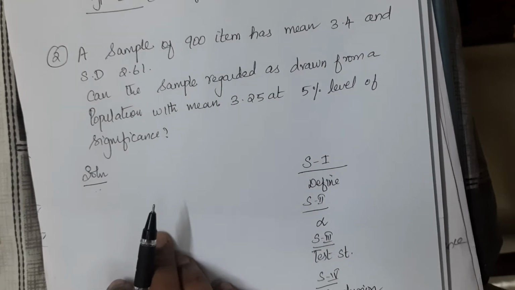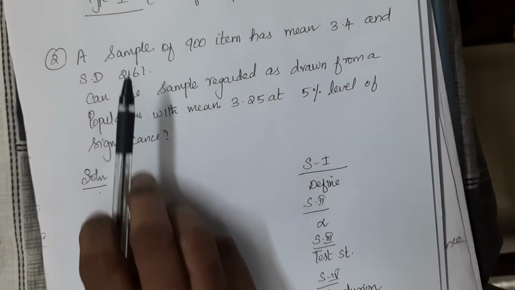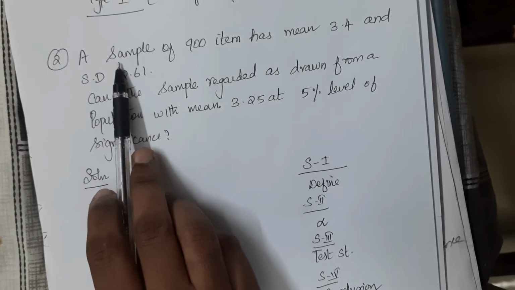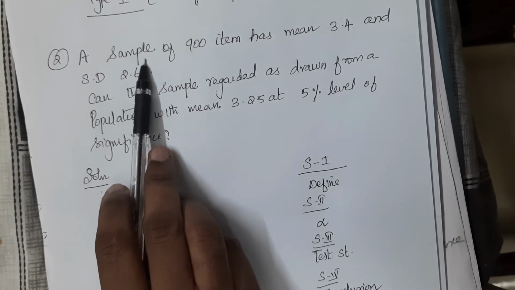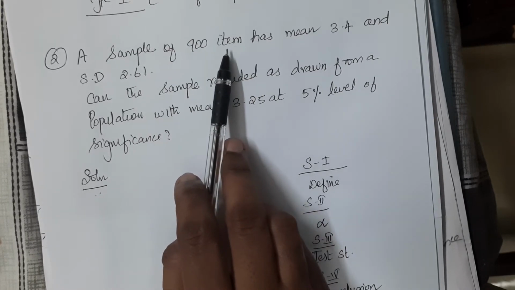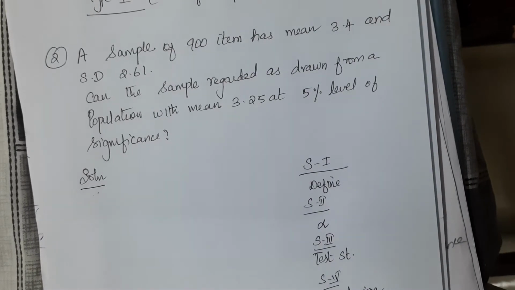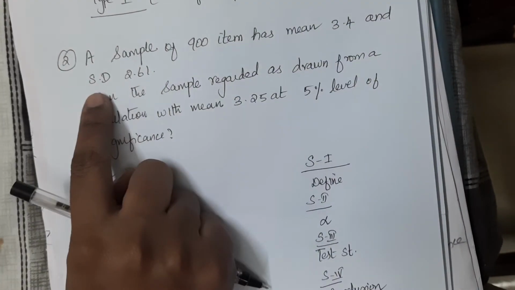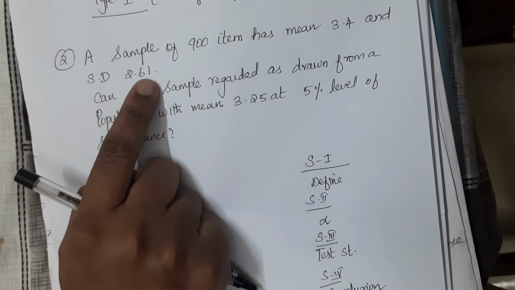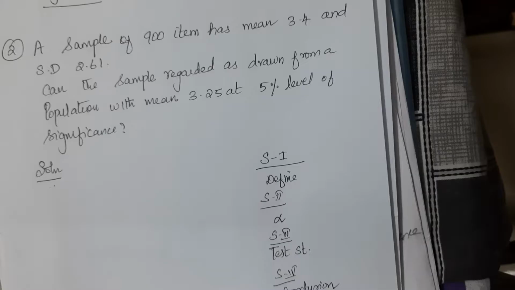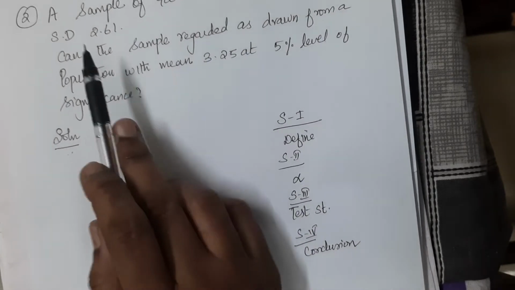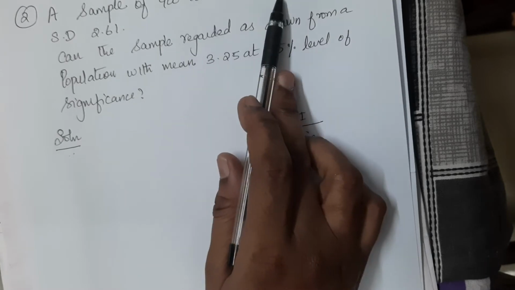To start, when we read the first 2 lines, we understand the data is about a sample which contains 900 items whose mean is 3.4 and standard deviation 2.61.